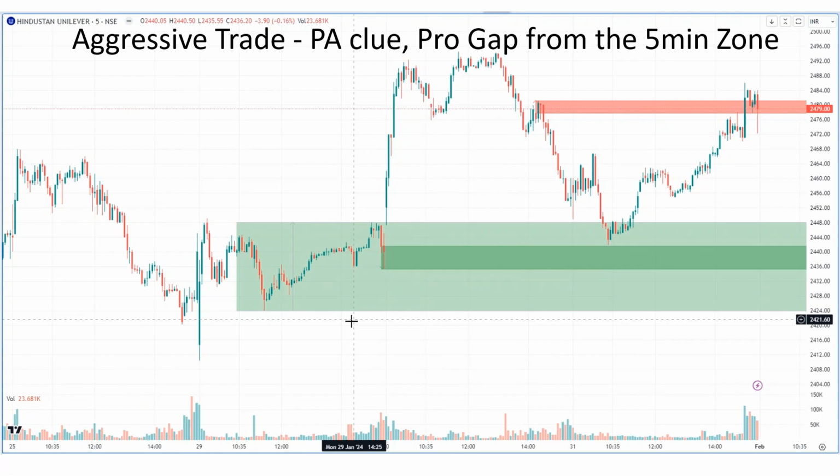This is how you need to understand these price action clues. And because it is not a fine-tuned 5 minute zone, we are calling it an aggressive trade. But this aggressive trade is with the help of the price action clue pro gap, professional gap.